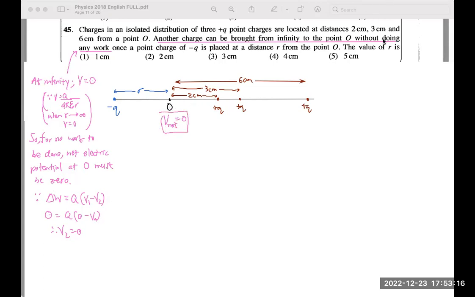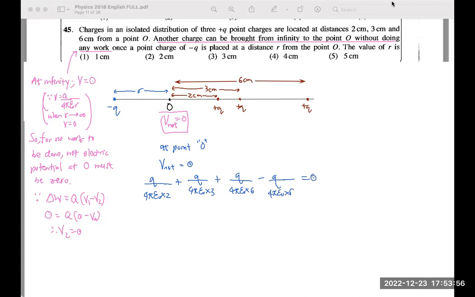So if V net is 0 at point O, I'll write again. At point O, V net is equal to 0. What is the net electric potential, people? That is Q over 4 pi epsilon naught into 2 plus Q over 4 pi epsilon naught into 3 plus Q over 4 pi epsilon naught into 6 and minus Q over 4 pi epsilon naught into R equal to 0.